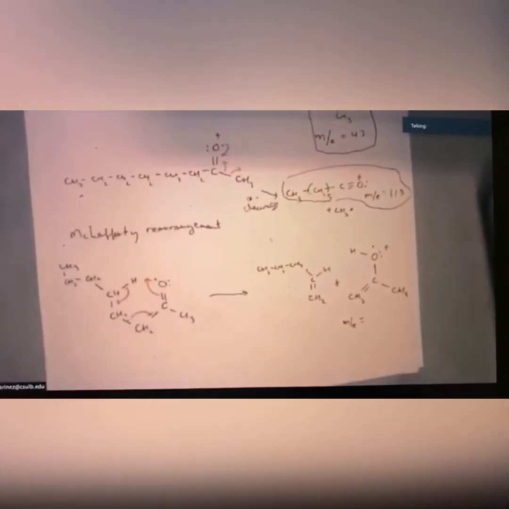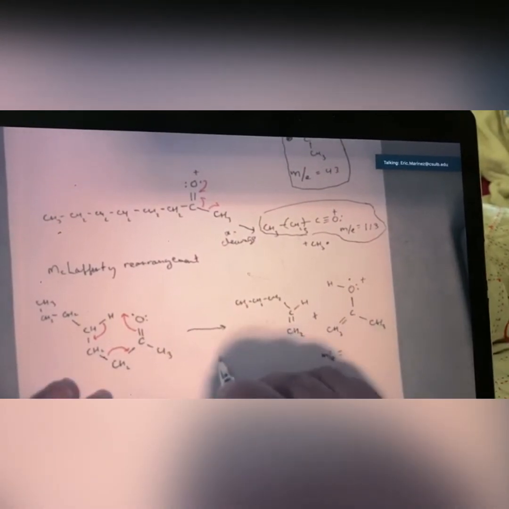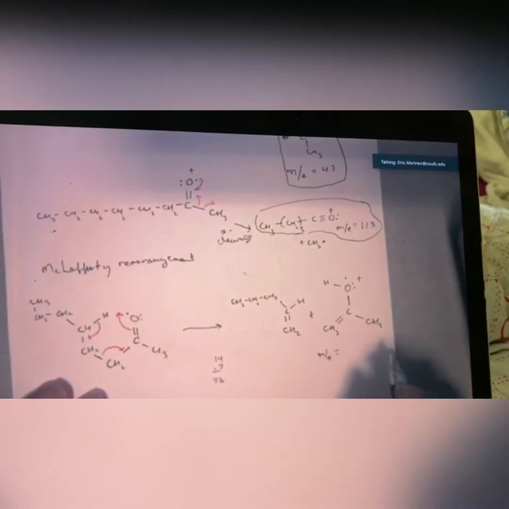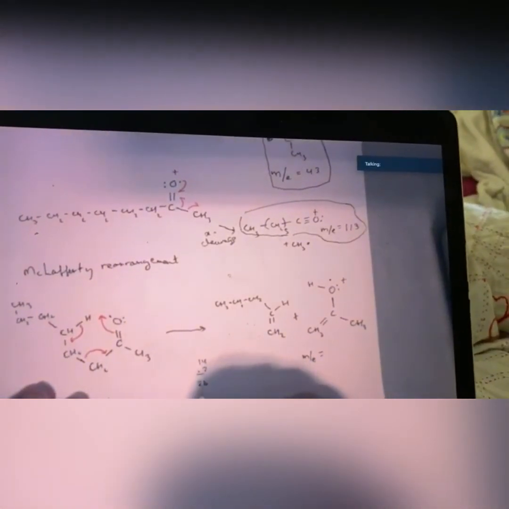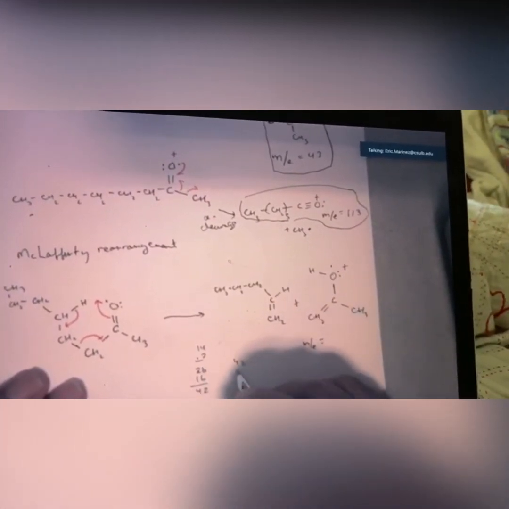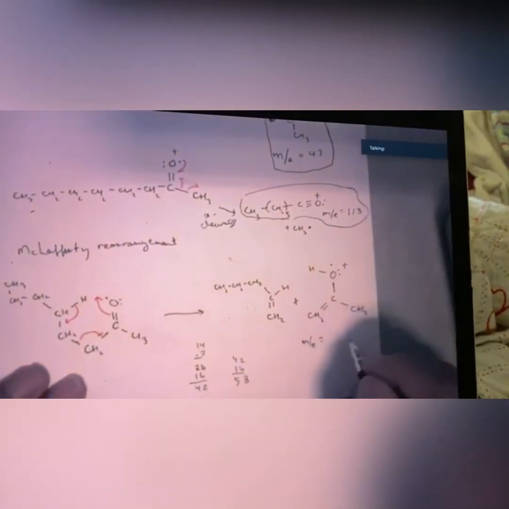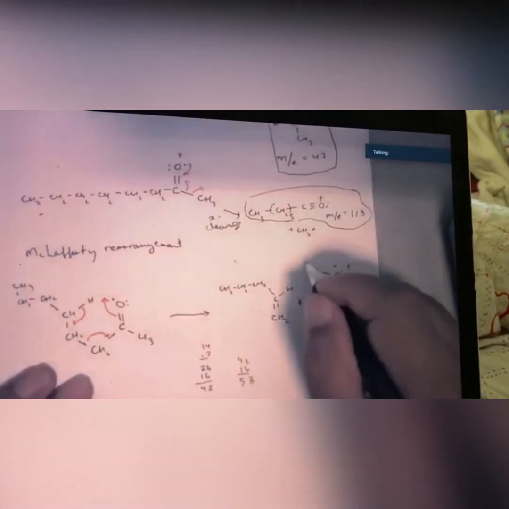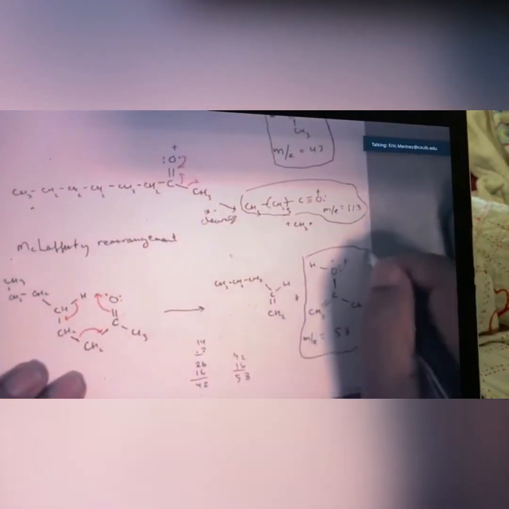And this should be an E. So that's 14. 14 plus 12, what's that? 14 plus 12, I'm getting lazy. 26 plus 16. 42 plus 15 plus that hydrogen, 16. 58. So all I do is do that.